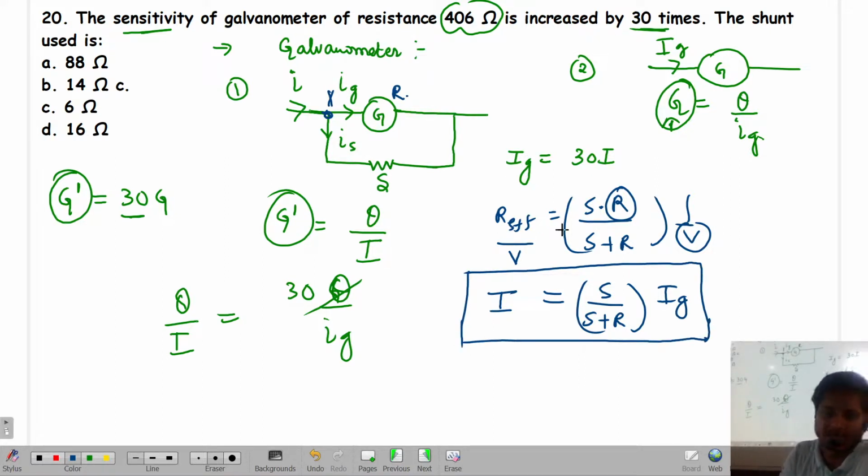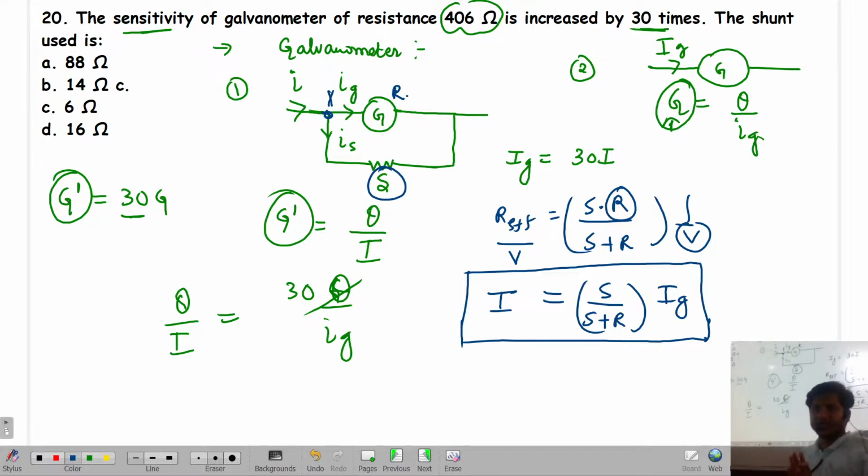Actually, if you have a shunt resistor, two formulas are there, guys. If you have a resistor which increases the sensitivity, and if I pass the total current, then this total current is equal to shunt resistance divided by shunt resistance plus galvanometer resistance R, into galvanometer current. Understood or not?